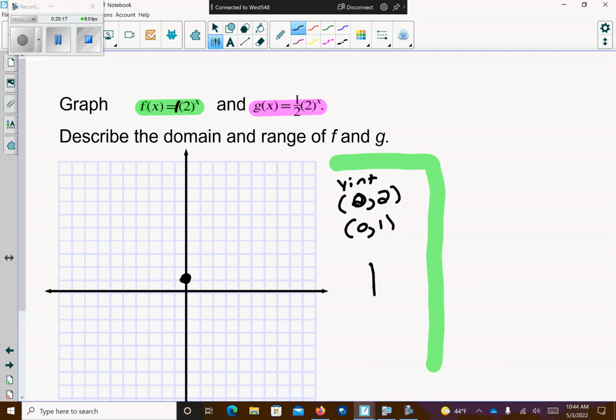Now again, we're surviving here. So I'm going to pick 1 and plug it in. So I get 1 times 2 raised to the first. What's 2 to the first? 2. What's 1 times 2? So this gives me the point 1 comma 2.